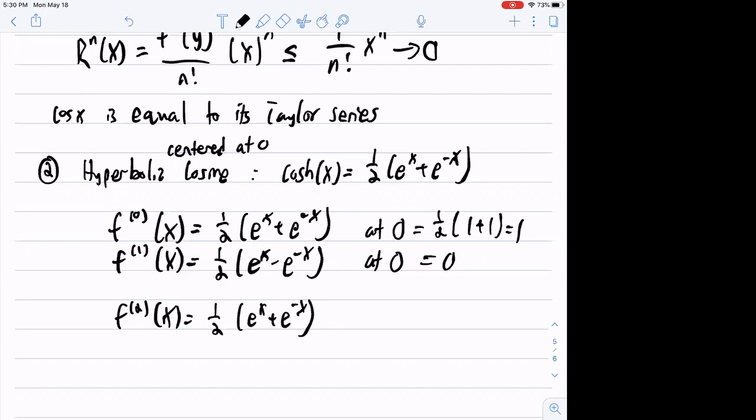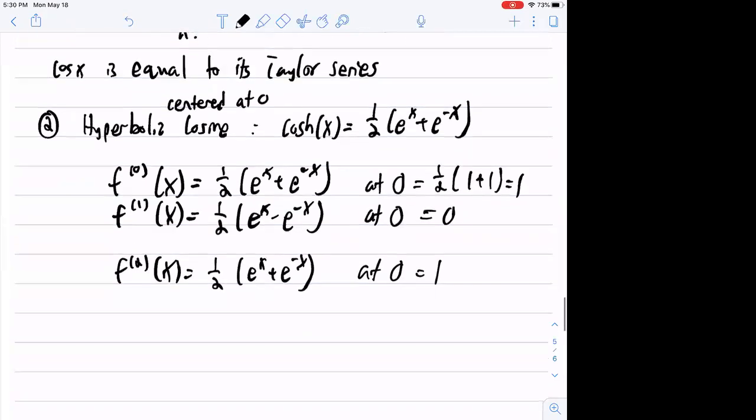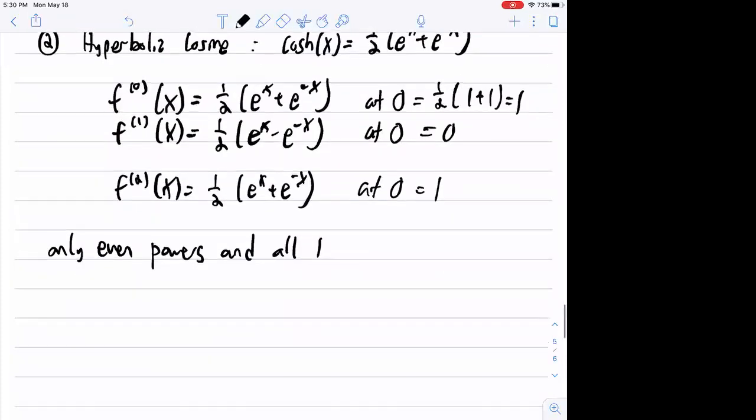So here, at 0, it's equal to 1, right? So what's the pattern? Again, only even powers here, and all 1. So it's kind of like cosine, but you don't have that -1 to the n, because your series doesn't alternate signs. So it's just this, right?